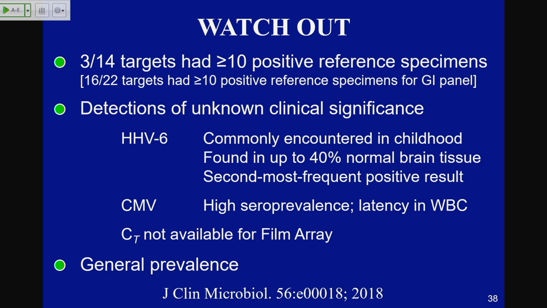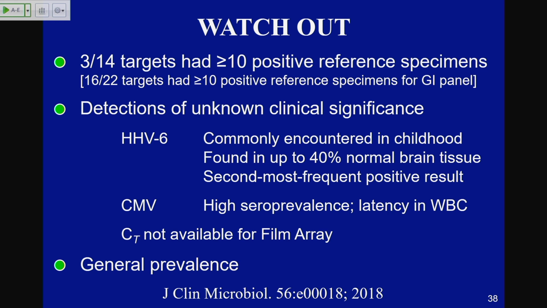Then they also noted that of the viral agents detected, a couple of them had sort of sketchy clinical significance. HHV6 was pretty commonly detected in that study, but at the same time, HHV6 is commonly encountered in childhood, and it could incorporate itself into normal tissue. So it's almost a normal flora virus, and I'm using very specific quotation marks on that, right? So the clinical significance of a positive HHV6, or human herpes virus 6, could be called into question.